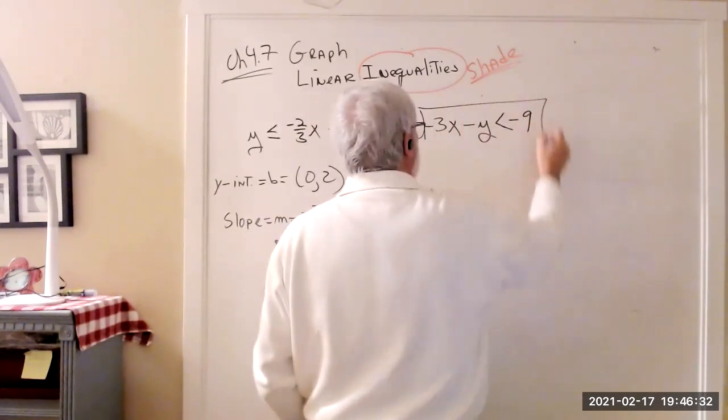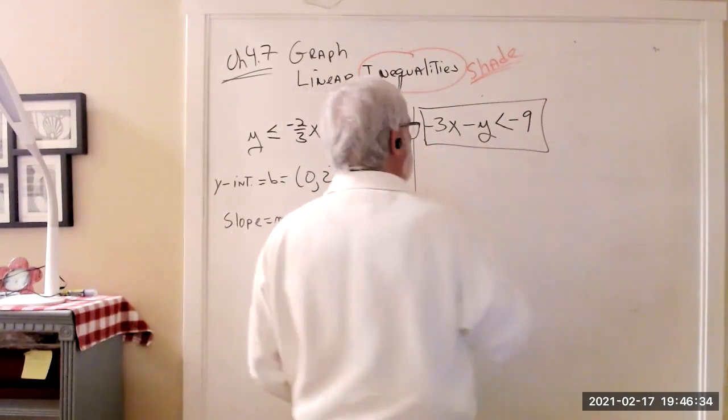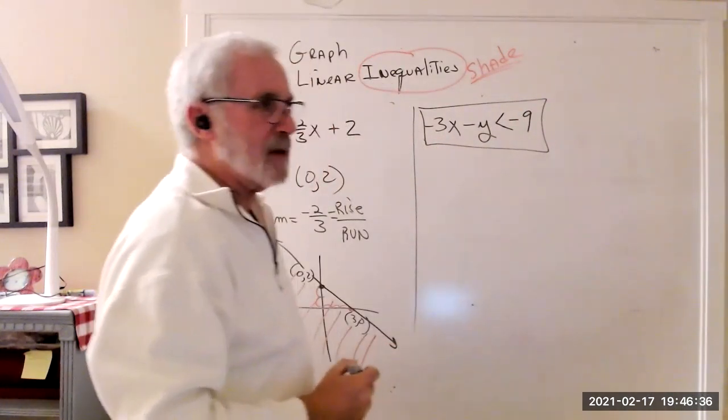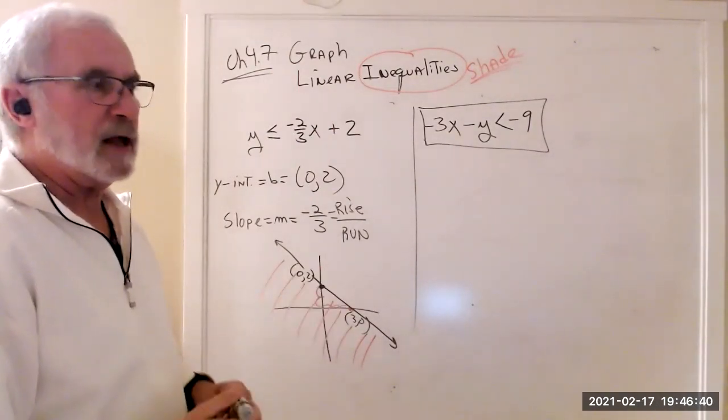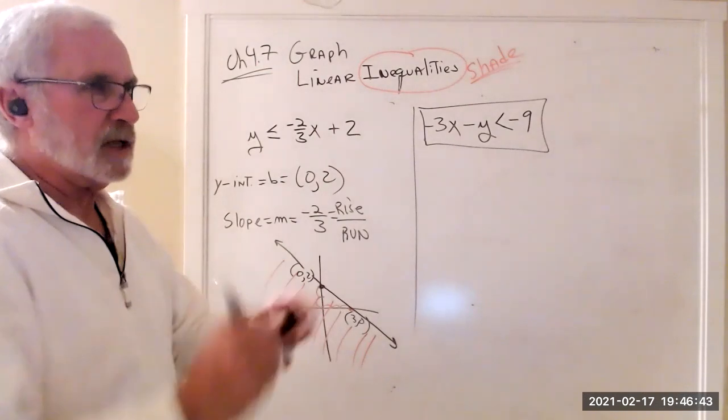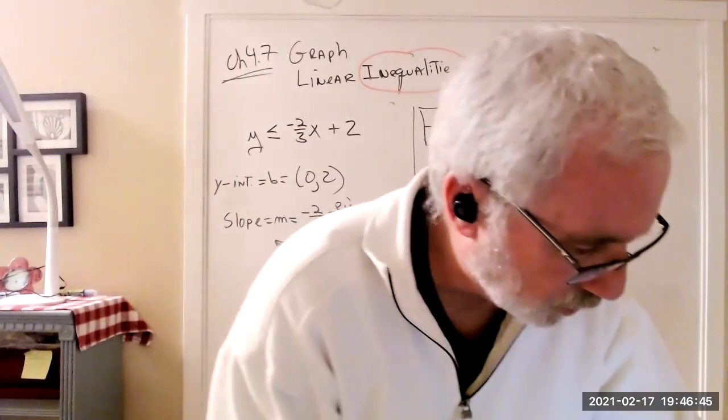I want you to try and graph that. Personally, I would build a table and plug in 0 for x and then 0 for y. That's my personal choice, but that's up to you. So we'll pause and let you work.